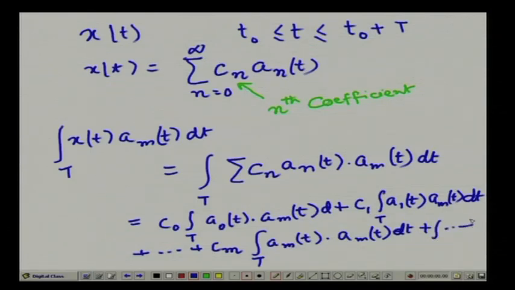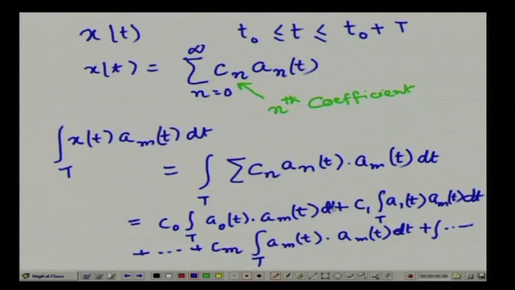Now, as per the definition of orthogonality that we have stated, the integral of a n t into a m t dt will be equal to some constant k if and only if m is equal to n, and this integral will vanish for all cases where m is not equal to n.